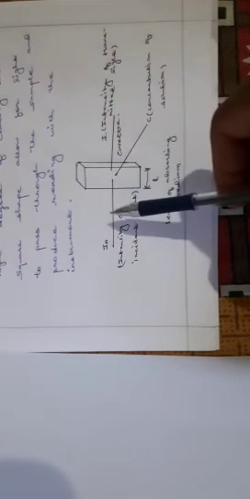Here we can see the intensity of incident light is I naught and the intensity of transmitted light is I. That means some amount of light is transmitted and some amount of light is absorbed by the excitation of electrons. And the length of the cuvette is L and the concentration of the solution is C.